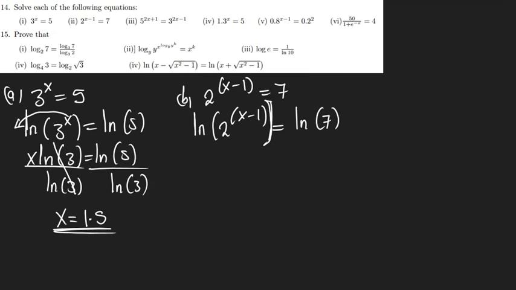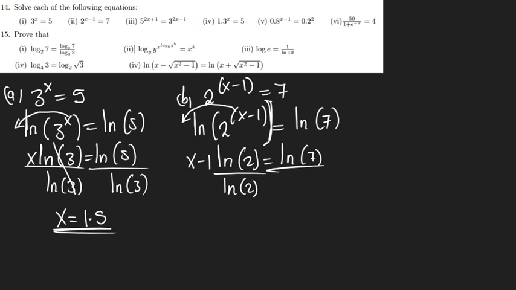To simplify that, this guy can go this side so that we're going to have x minus 1, then ln 2 equal to ln 7, then over ln 2, over ln 2. So we're going to have x is equal to ln 7 over ln 2 plus 1.